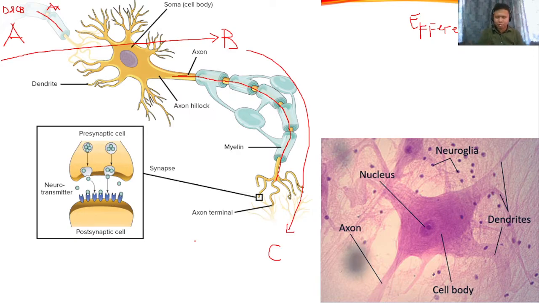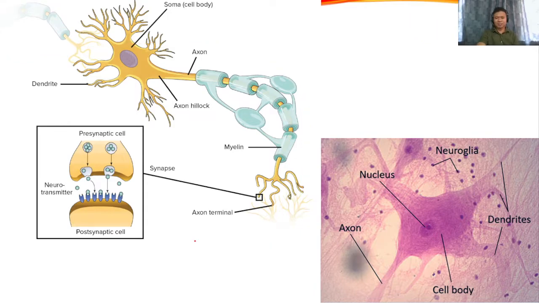That's the way of our body protecting itself, and that's how fast nerves acquire information and react to it. Thanks to our nerve cells.